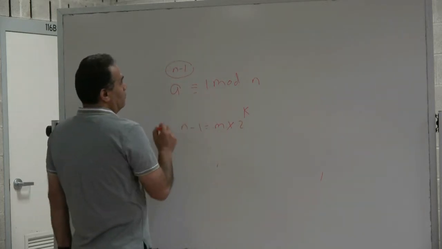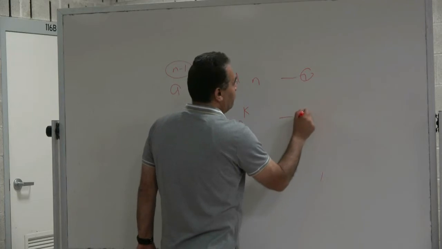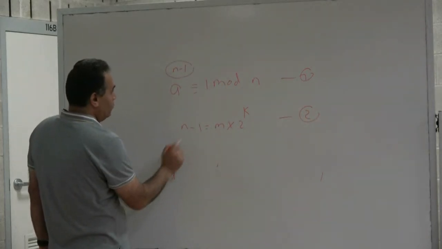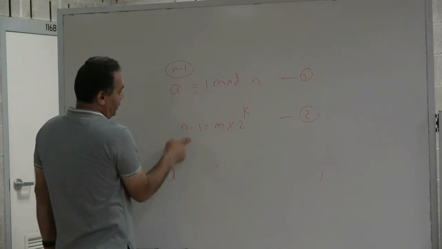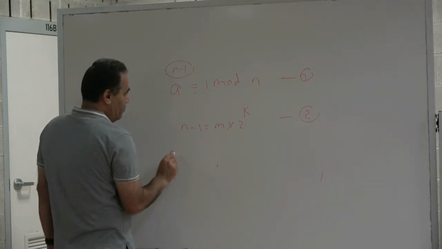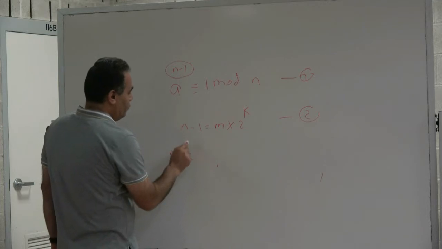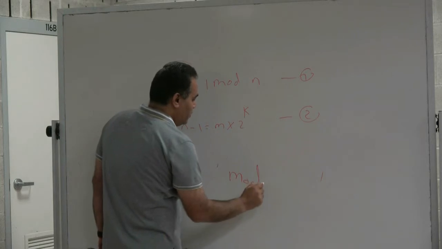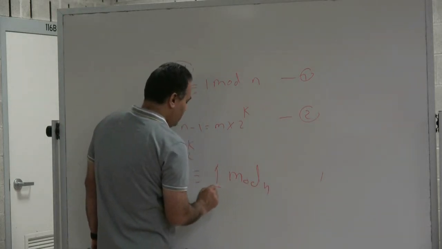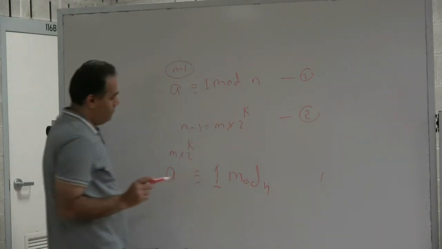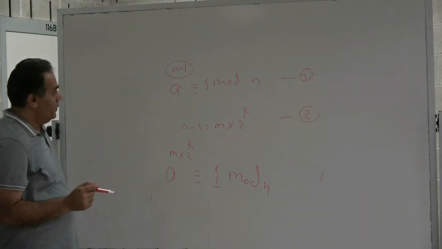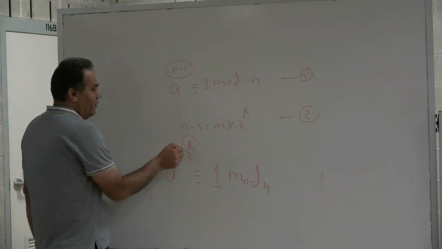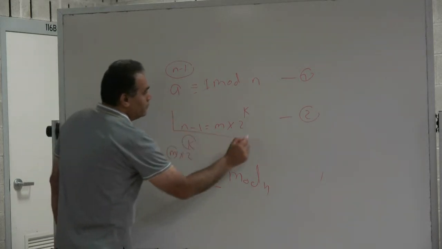That means a to the power m times 2 to the power k mod n will give you 1. So the trick is how to find the m and the k that could give you this.